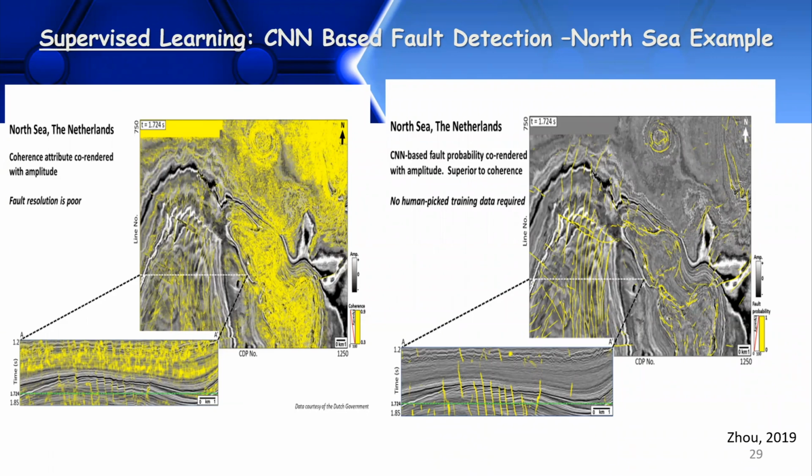And you can see it's done a much better job than the coherence. And even in the shallow section, we're getting some decent fault picks. But what's really impressive is when you look at the time slice and how clearly these faults can be visualized in both fault directions. So both azimuths are clearly imaged.